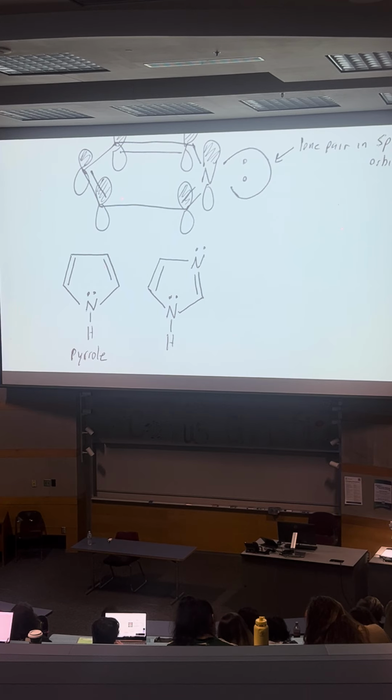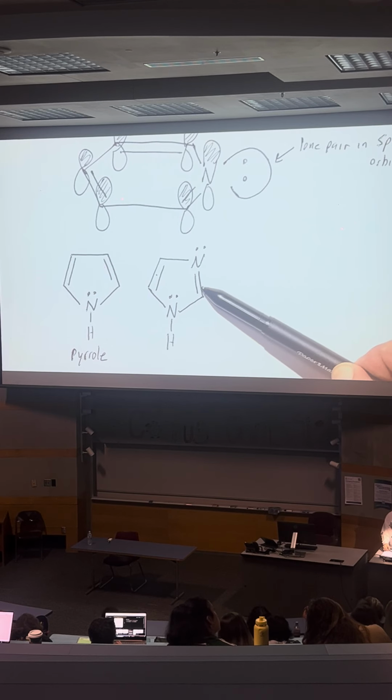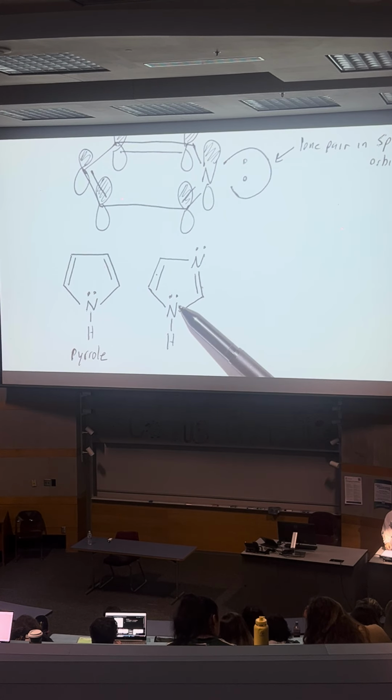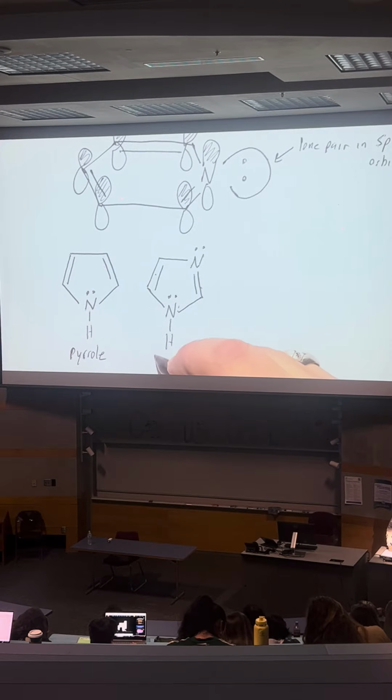So when we count the total pi electrons, we see 2 pi bonds, so it's 2, 4, and then 6 if we count this one, but we don't count the lone pair on that nitrogen that has the pi bond to it, right? So this is a really good example of one nitrogen which has a lone pair that we do count, and another nitrogen which has a lone pair that we do not. This molecule is named imidazole.